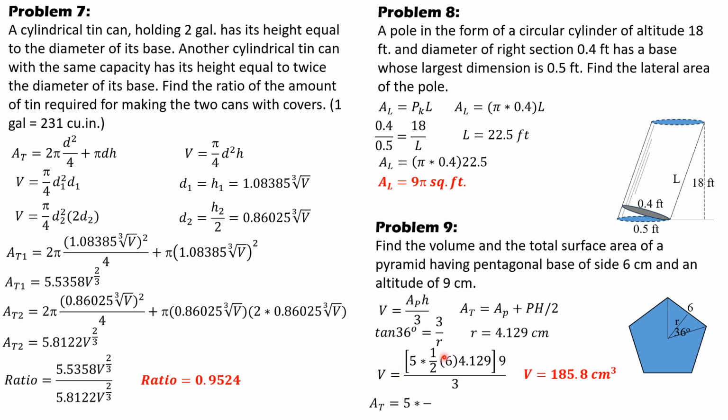So total surface area is 5 times 1/2 of 6 times 4.129 plus 5 times 6 over 2 times square root of 4.129 squared plus 9 squared. So the total surface area is equal to 210.5 square centimeters.